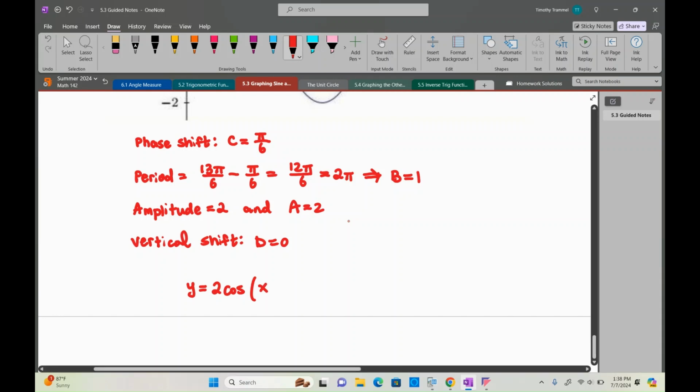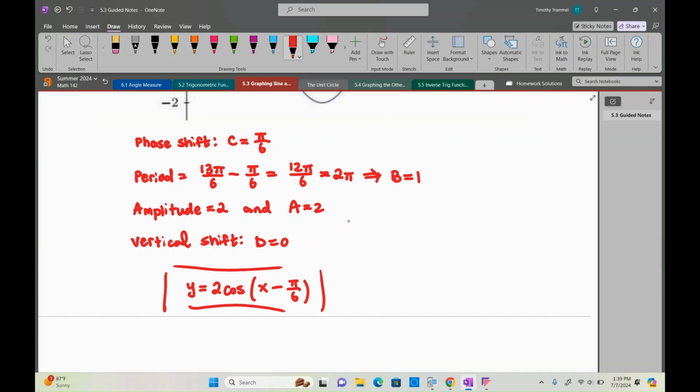I'm just going to say x. Okay. And then it should be minus c. So it's minus pi over 6. And then there's been, again, no vertical shift, so I don't need to write plus 0. That's unnecessary. So this right here is what we're looking for. All right, and so that there wraps up section 5.3.